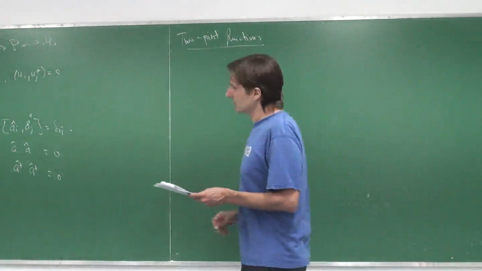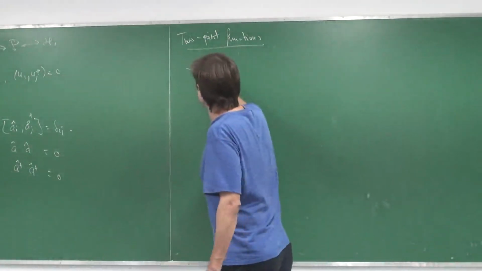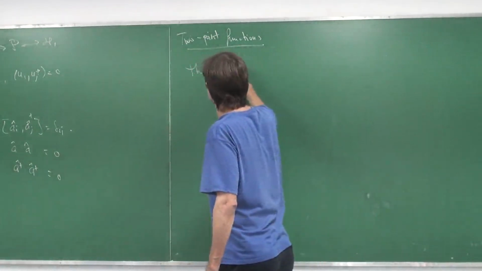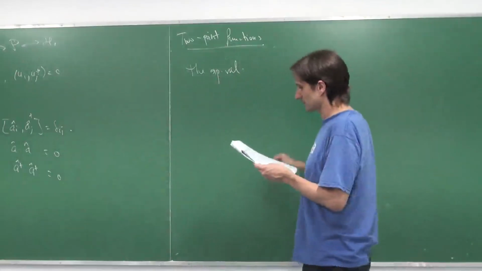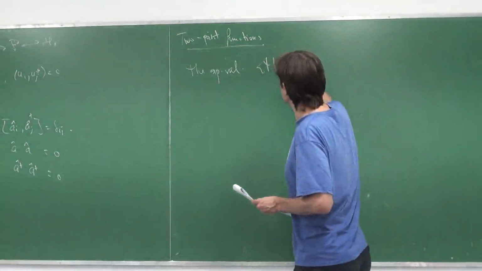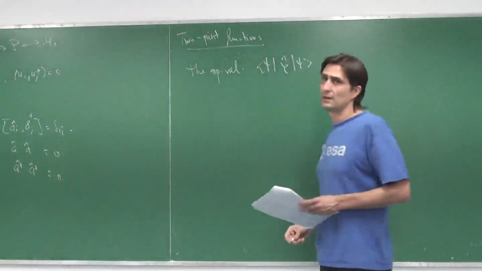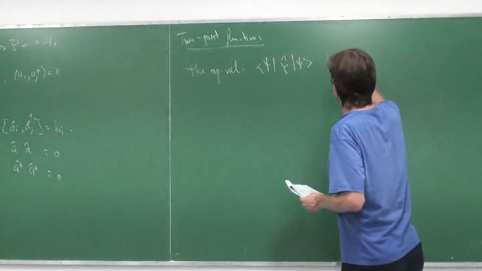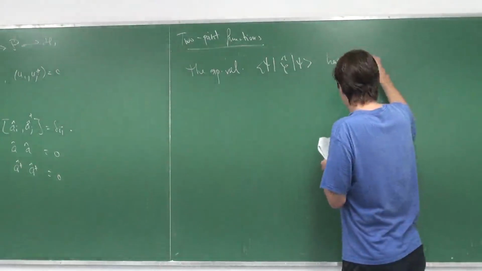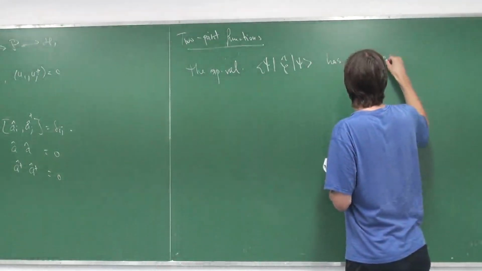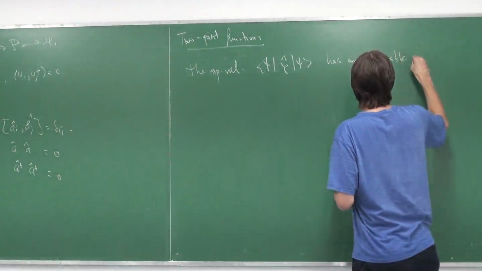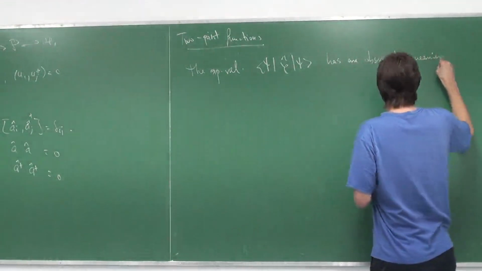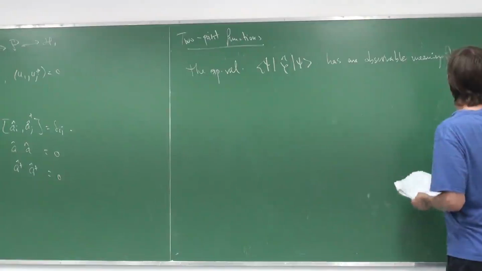Okay, so the expectation value of the field, in a quantum state that has an observable meaning, if phi is a physical field.